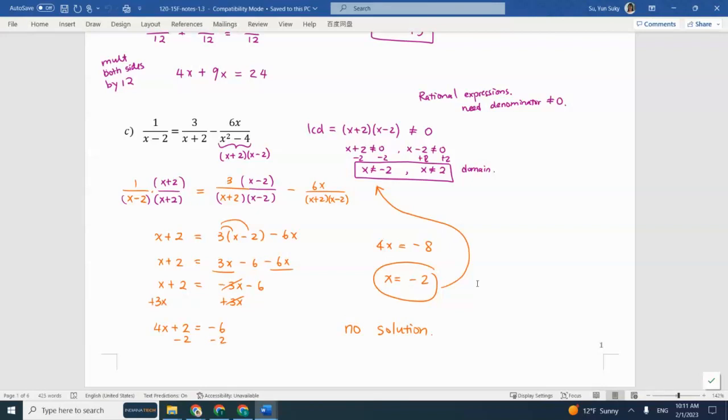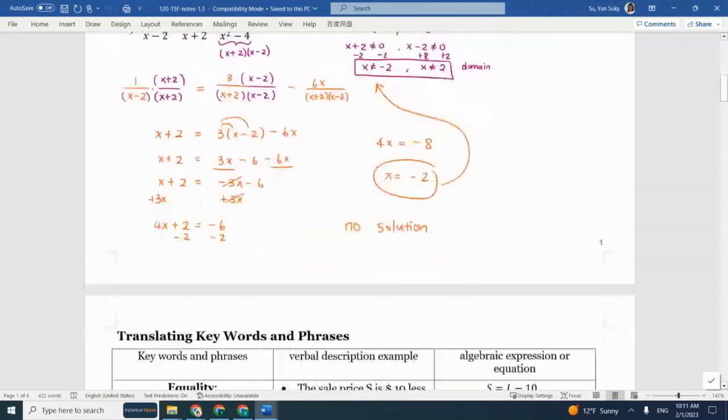If it's in the domain, then it is a solution. But if it's outside of the domain, see, x cannot be -2. Therefore, this number cannot be a solution. We have no solution for this problem. Okay, everybody? So extra steps. You need to check your work. We will talk more about it in section 1.4, which is the handout today.